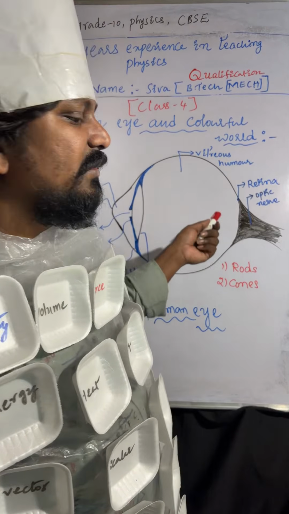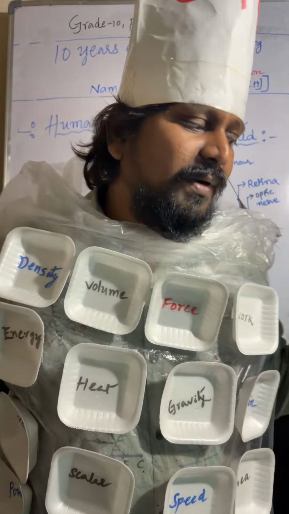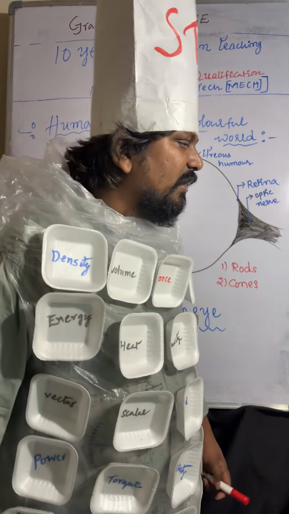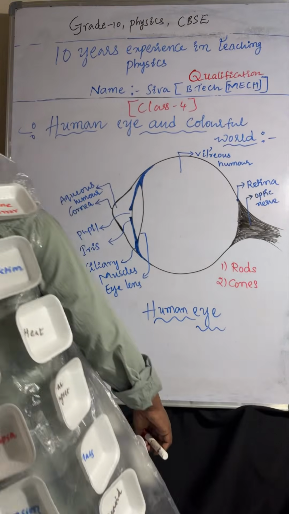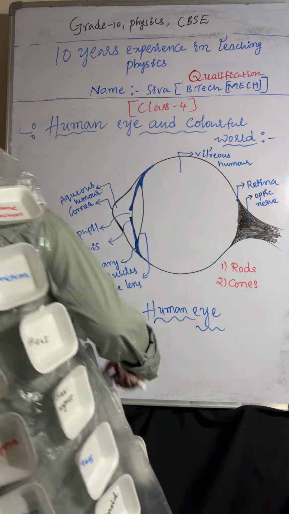Through these nerves, the information will reach the brain. Understood? Next, we will discuss near point and far point. What is the near point?